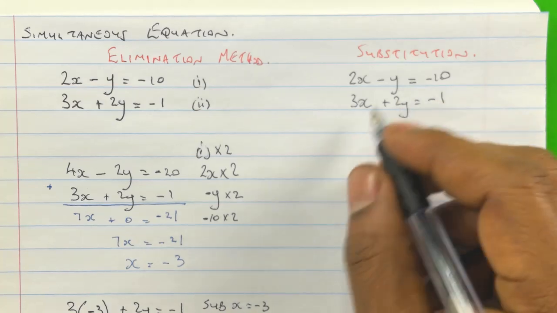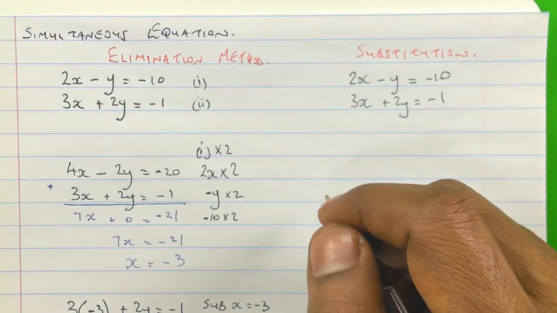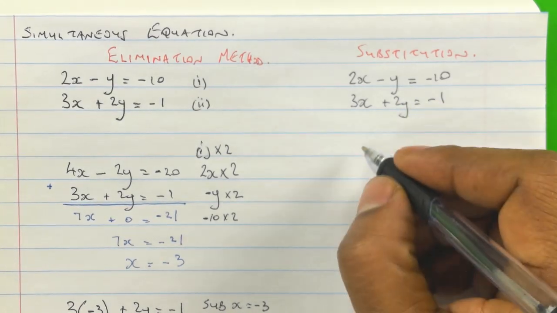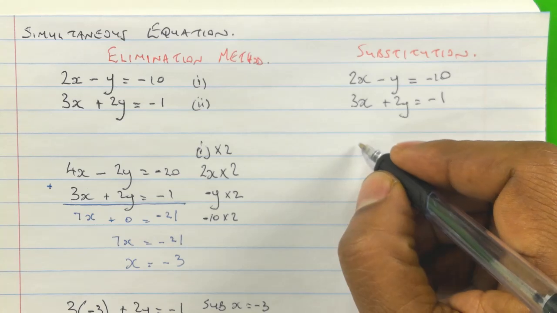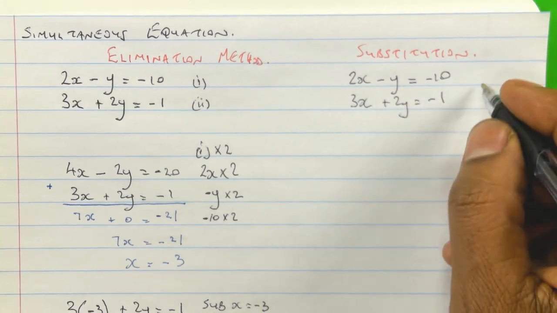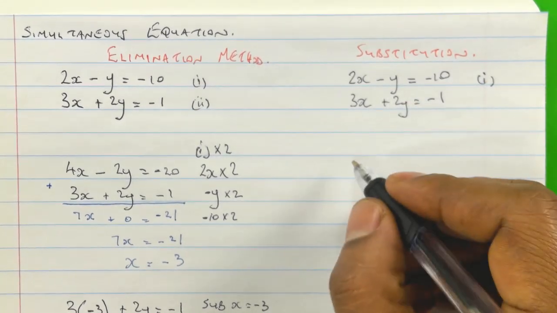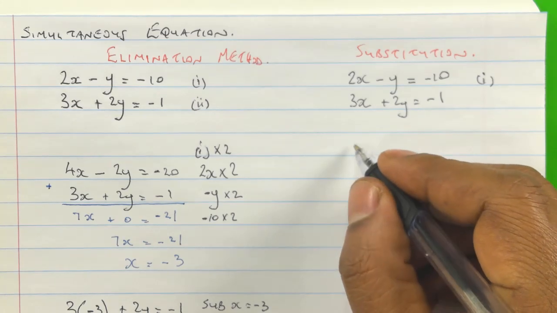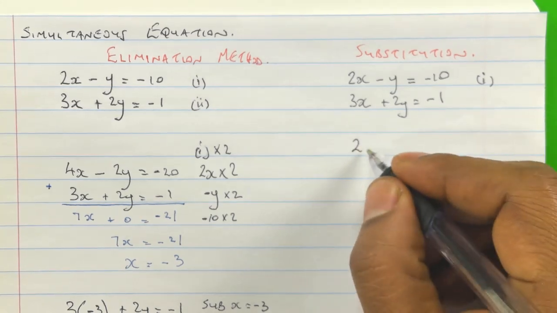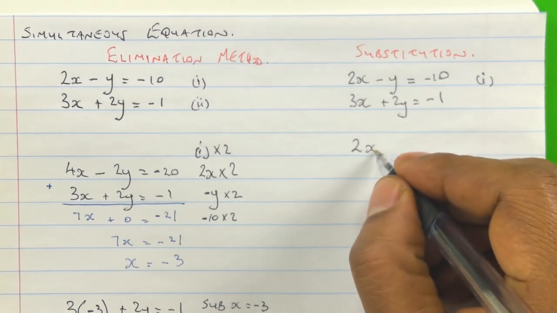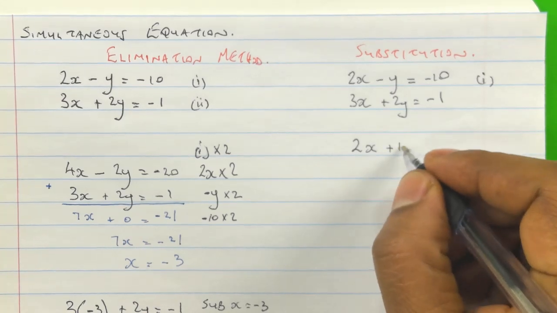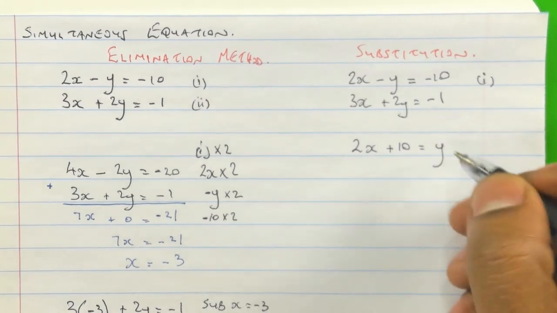Right, so that will require different examples. So let's stick to this one. If I look at this equation, what do I do? I can say 2x plus 10 is equal to y.